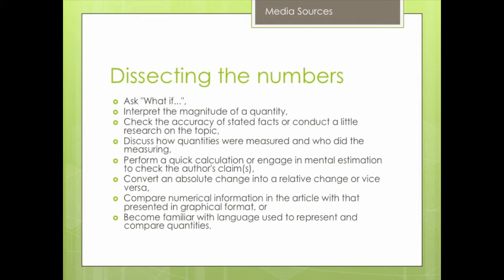Or are you going to vote for a certain candidate, yes or no? What if you added a maybe in there? That changes a lot of things. So think about what if you did it a different way, interpreting the magnitude of quantity, and thinking about these processes. This might be something you model or take students through as a process to think about the evidence presented in news articles.